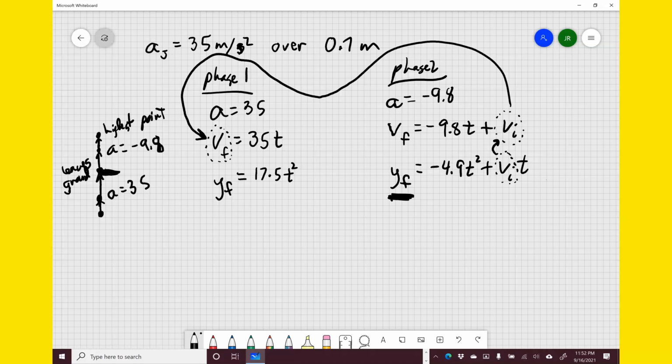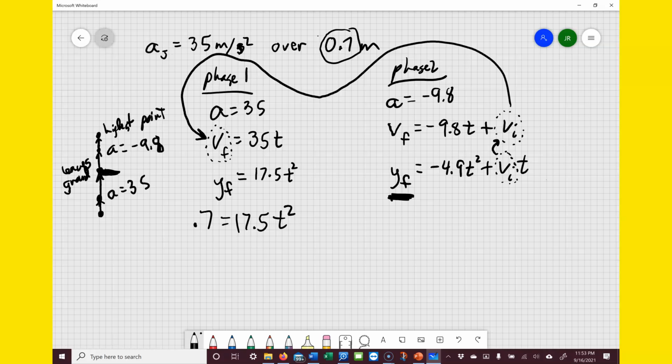I know that the final value for phase 1 is how far his legs extend, so 0.7 is that y f. And that will allow me to find t. Once I find that t, I can plug that in here, and I can find that v f.